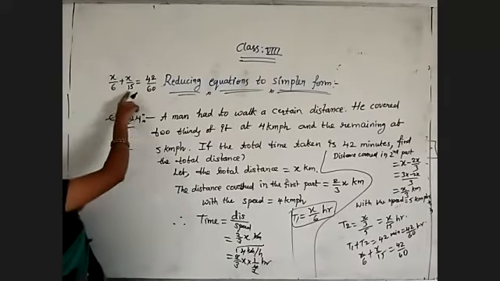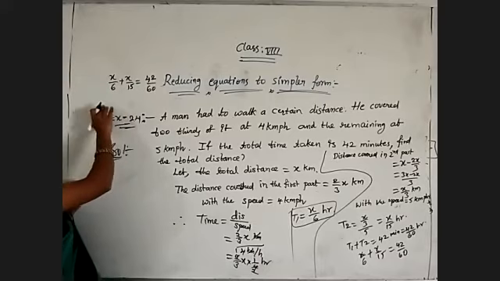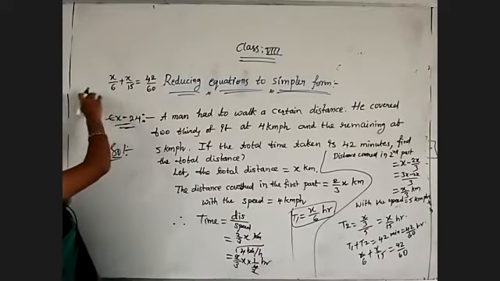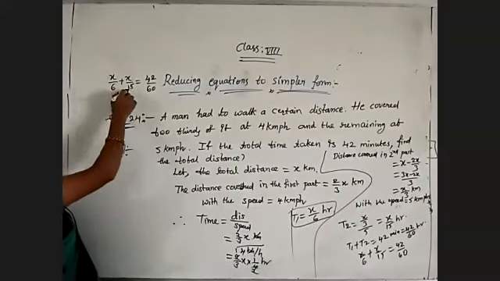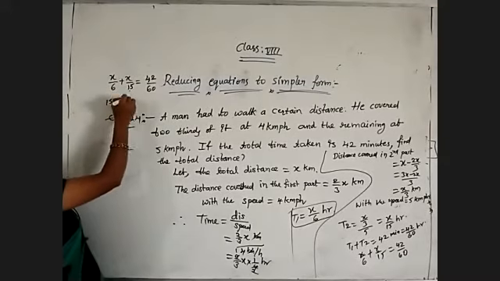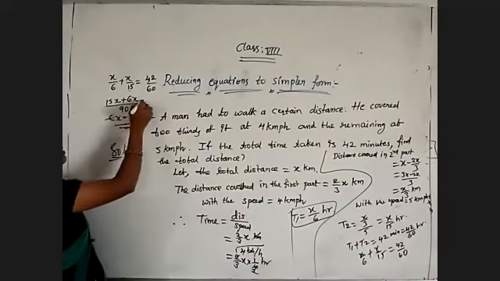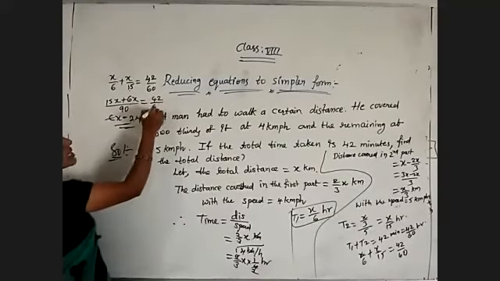6 tens are 60, 15 fours are 60. Otherwise, go through with the LCM. Go through with the cross multiplication: 15 into x is 15x plus 6 into x is 6x, by 6 into 15, which is 90. And on the other side, 42 by 60.